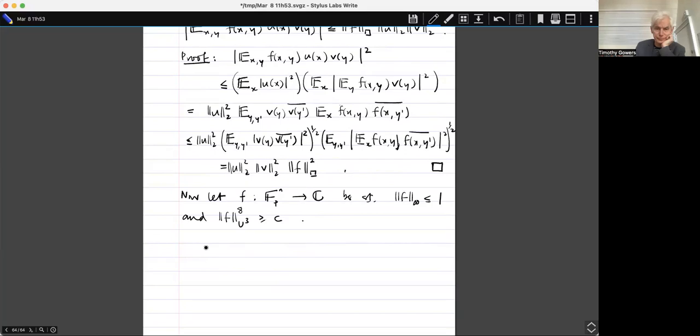Well, let's start with the observation that the U3 norm to the 8 is the average over all a of the U2 norm of the difference function, so that should be U2 there, to the power 4. Now, if you don't see that immediately, I recommend you write it out. I'll just say what happens.